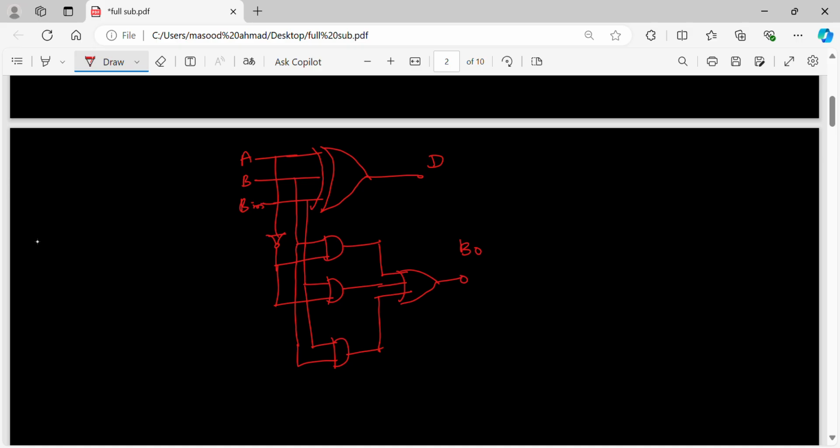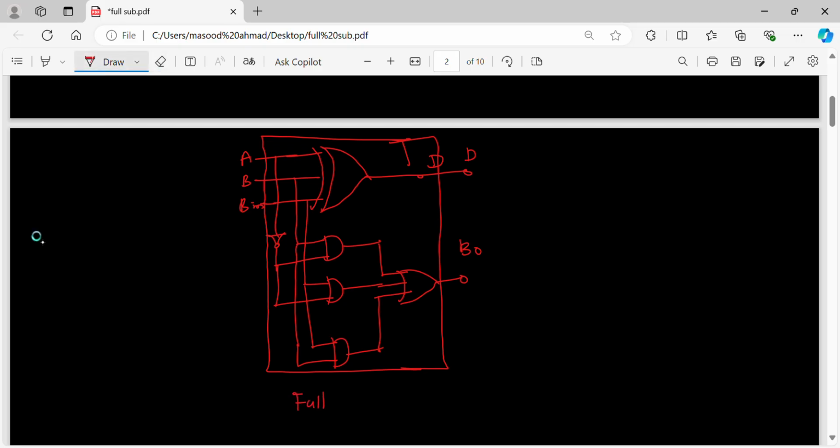So if you look at this whole thing, this is nothing but your full subtractor. This is your D, this is your borrow out. So we started with a description, and we have ended with a circuit.